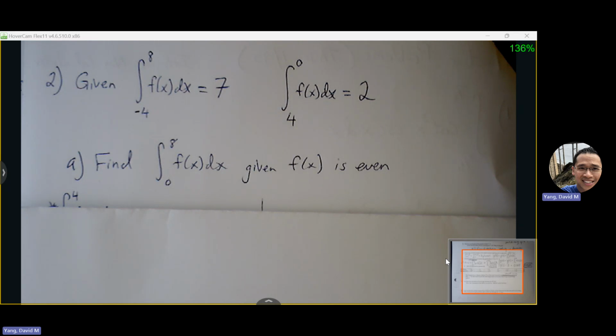So what can we do to make it more straightforward? Switch the bounds. But if I switch the bounds, what's really happening? The 2 is really what? Really -2.